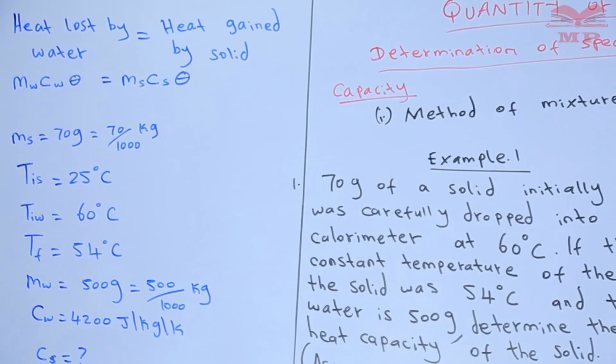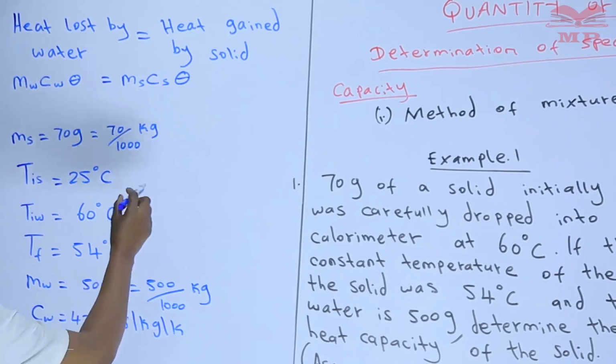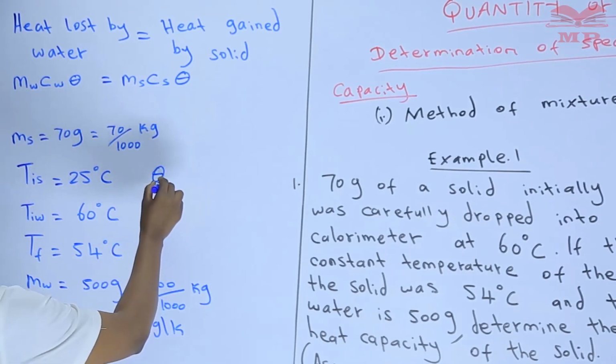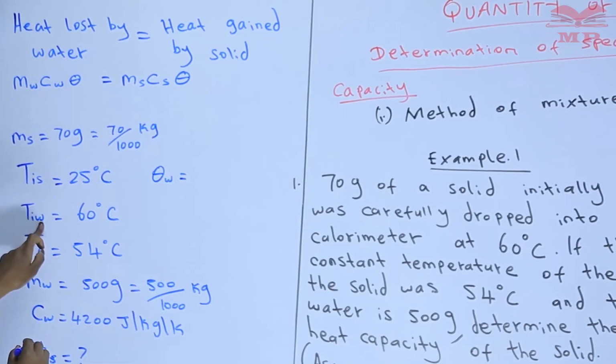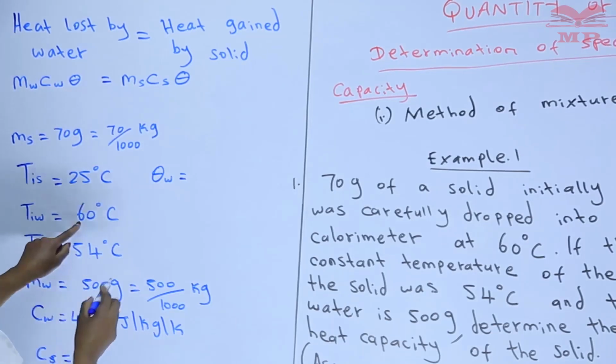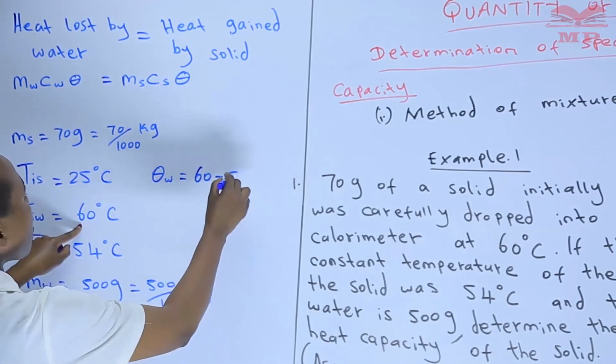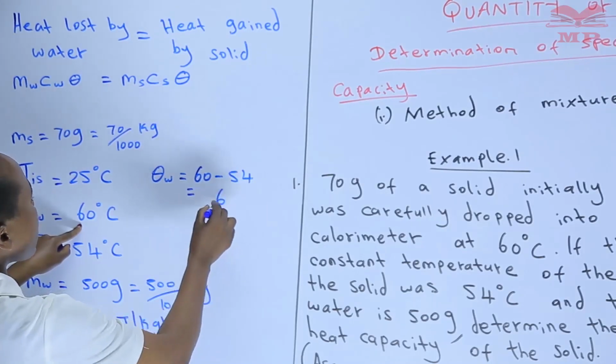So that is the question. So when we have all this, then we can be able to calculate here. But before we get to that, we need to get the change in temperature for the water. In our case, we have the initial temperature of the water, which is 60. The final is 54. And therefore, the change will be 60 minus 54, which is 6.